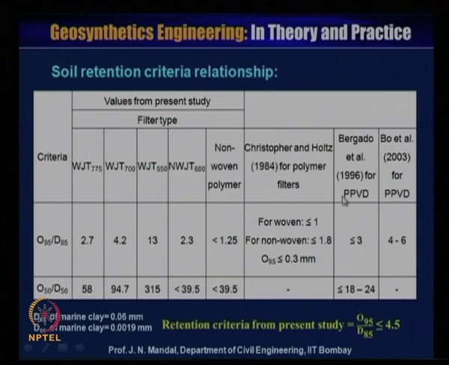But Bergado et al. 1996 for prefabricated vertical drain gave a value less than or equal to 3, and also less than or equal to 18 to 24. Bergado et al. 2000 for the polyester prefabricated vertical drain gave a value lying between 4 and 6.